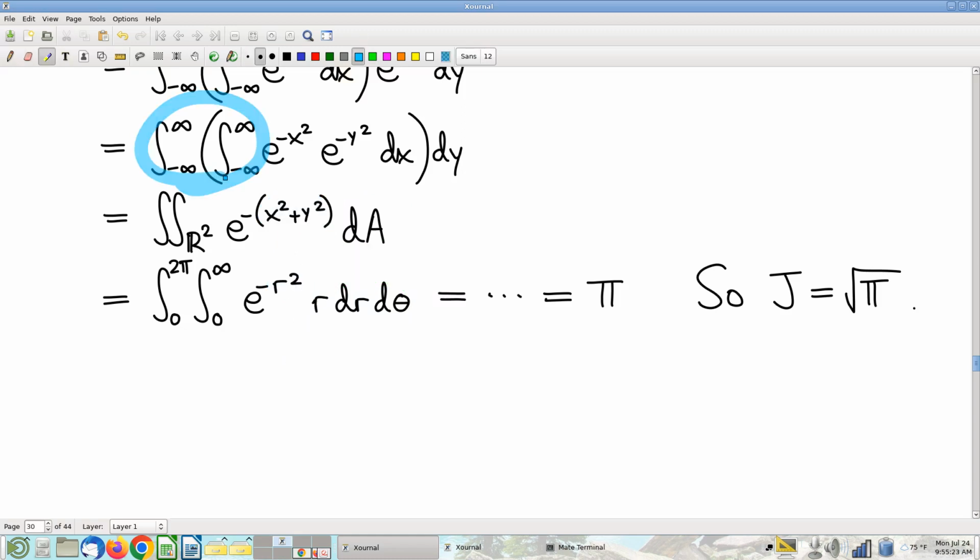This domain has me going over all of R2, and this is how you would slice up R2 in polar coordinates. And you find yourself with a polar coordinate integral that's totally doable with a u substitution.